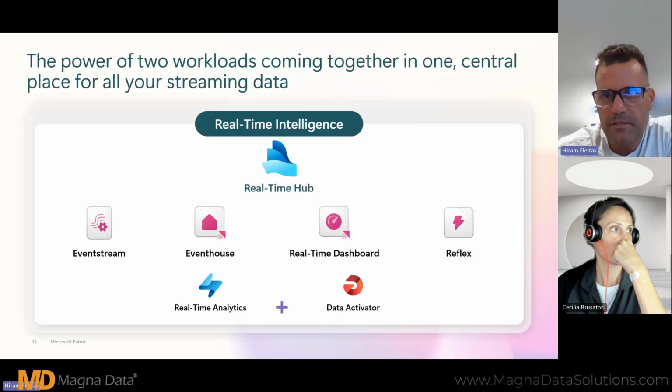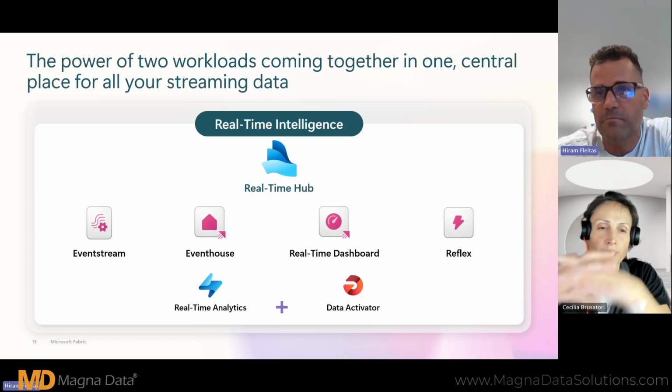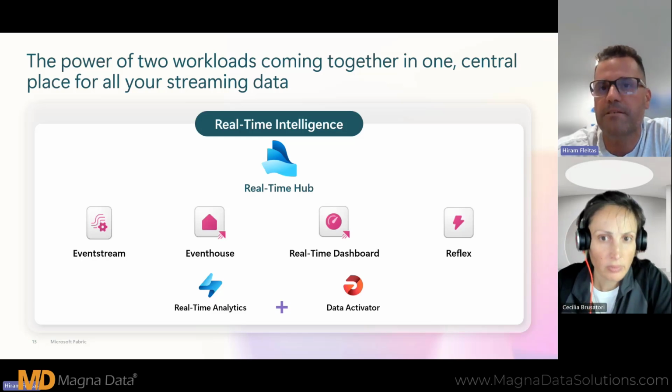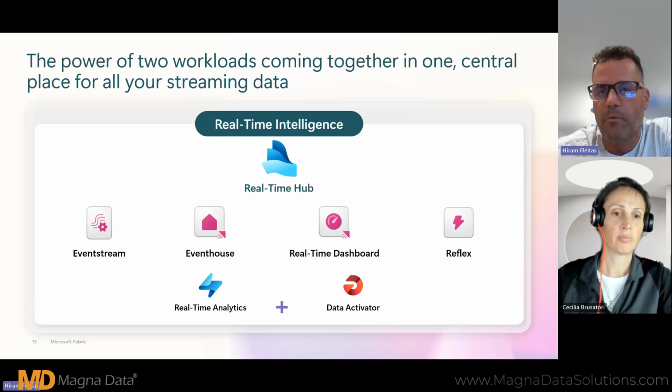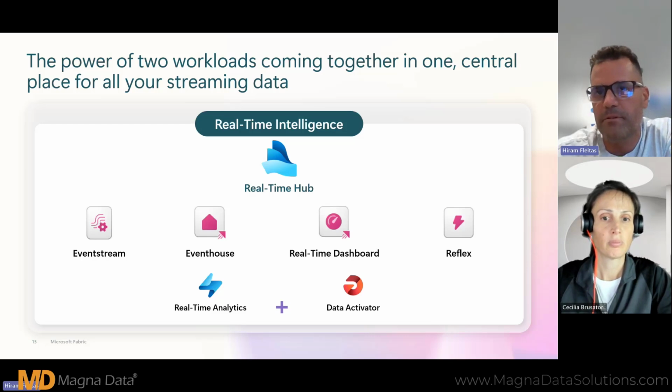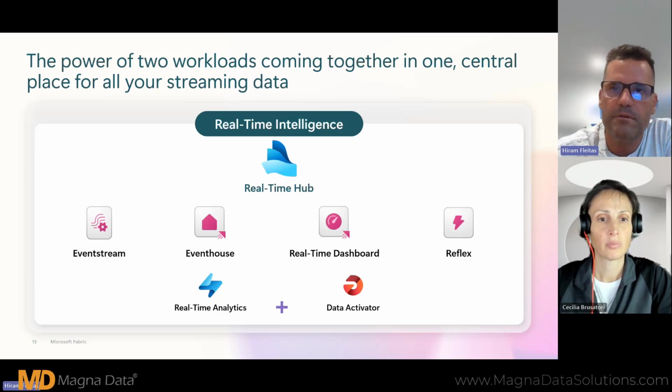So the real-time intelligence pillar is composed of these specific items, or we used to call them artifacts inside of Fabric. So the Eventstream, think of it as a messaging system. And what we did with Eventstream is that we basically put together Event Hubs and Azure Stream Analytics.